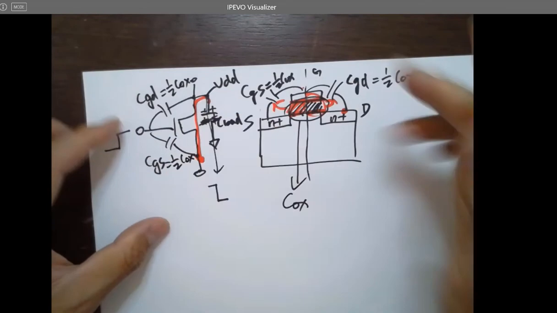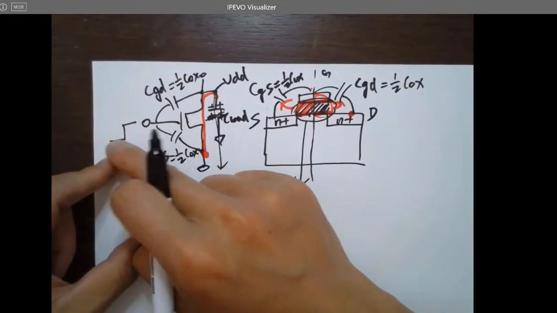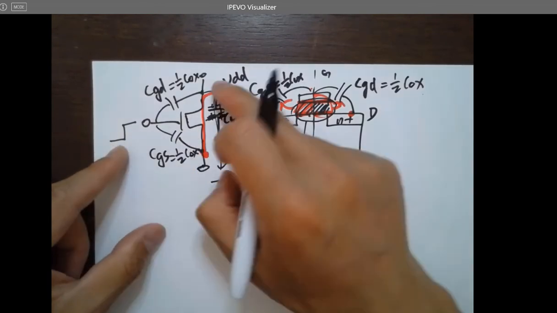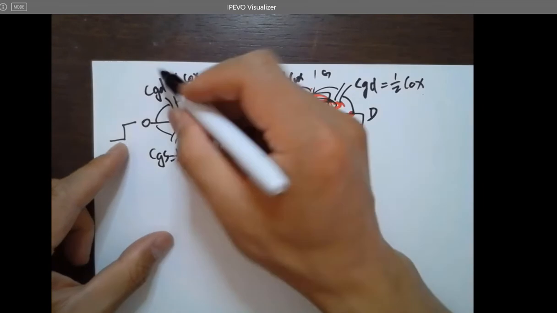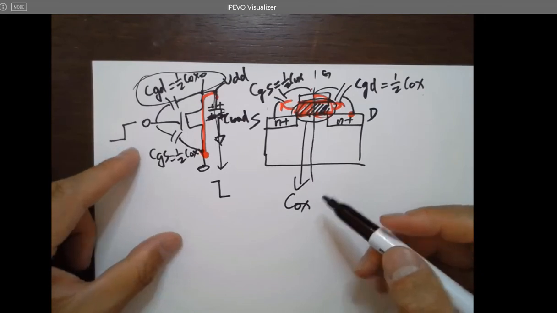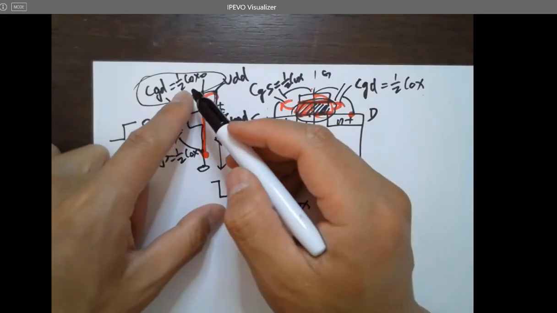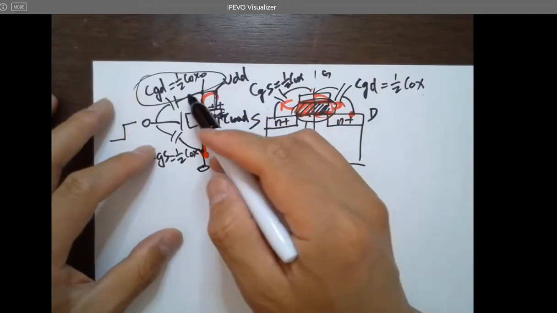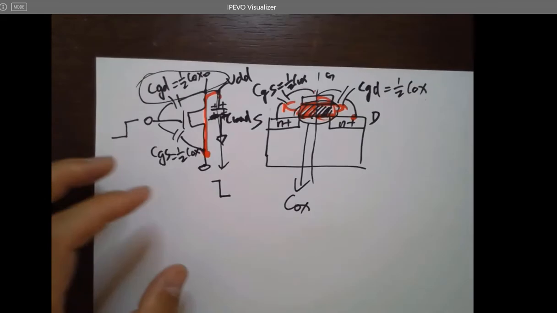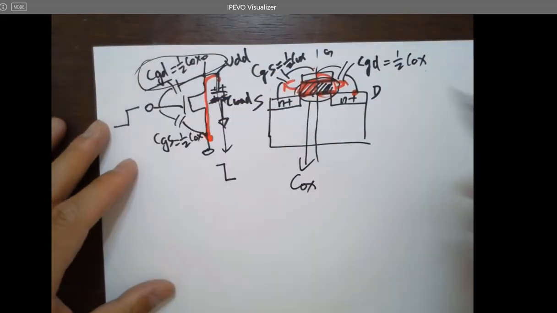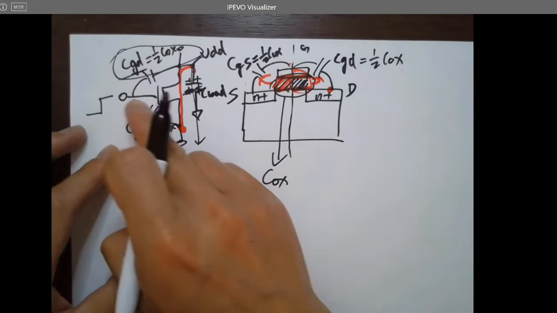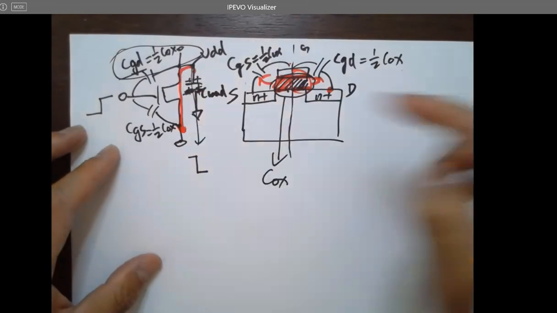Physically, this is CGD as well. But if you connect this gate to a step function like this, and this is switched off at the same time, then the effective capacitance over here will change to something else. It's going to be two half Cox's, which means it's Cox instead of half Cox because of the Miller effect, right? So the effective CGD is actually Cox whenever you have this signal being fed into the gate and this being discharged at the same time.